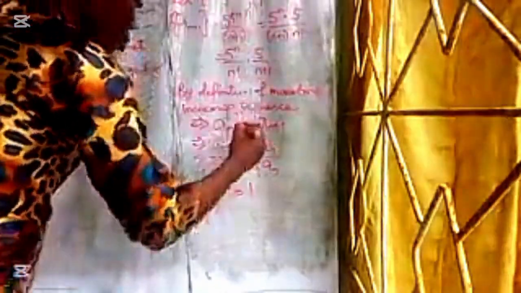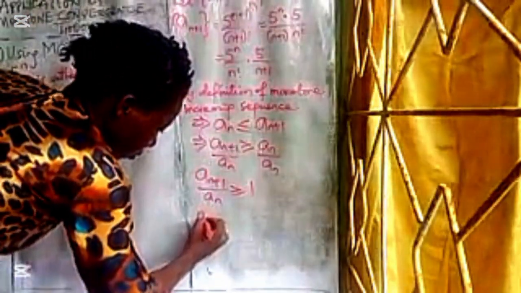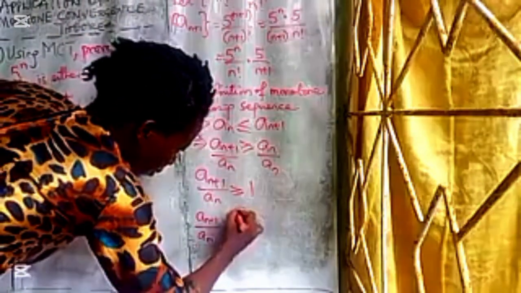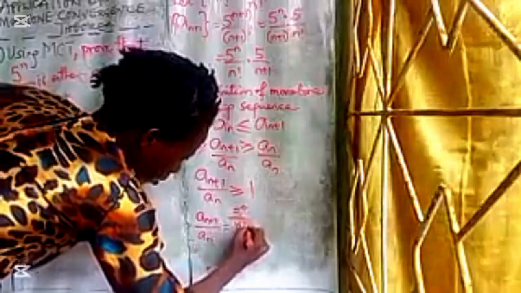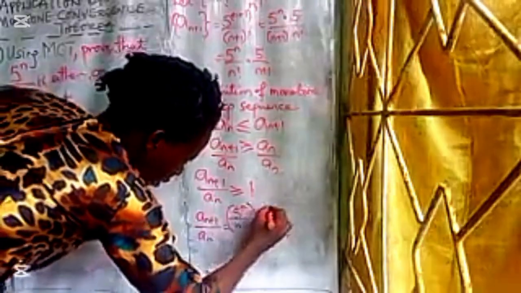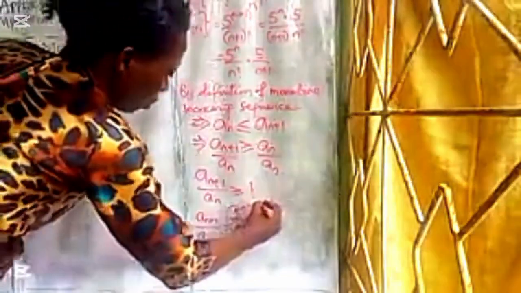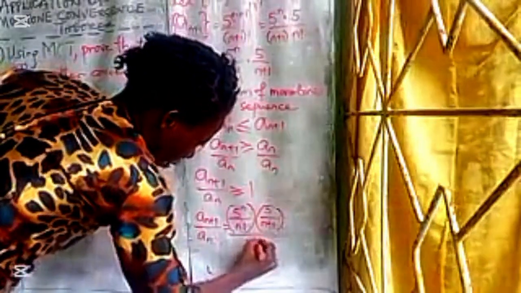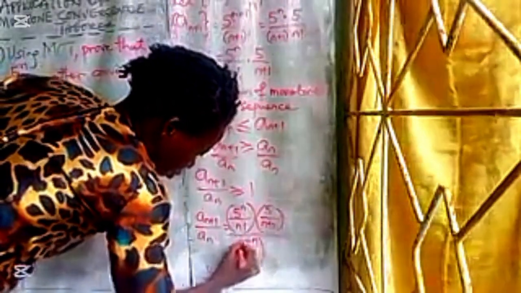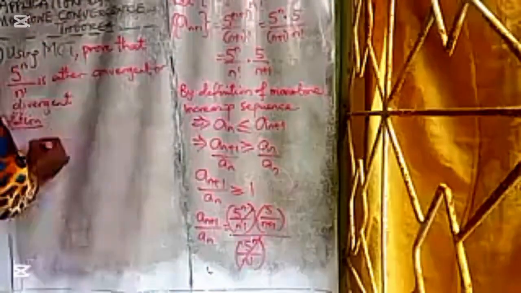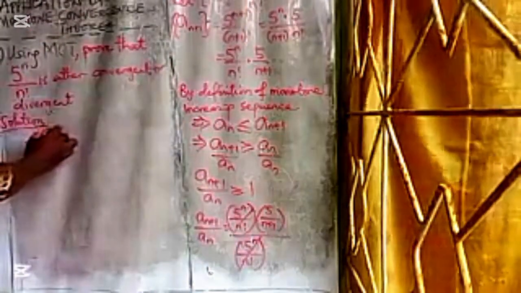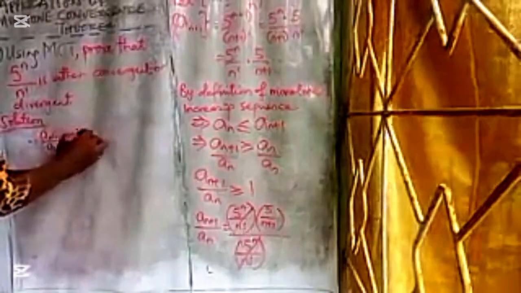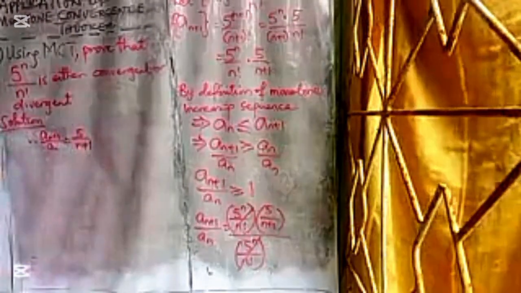Now, if we divide these two, a sub n plus 1 over a sub n will be 5 to power n over n factorial into 5 over n plus 1, over 5 to power n over n factorial. This removes this. Therefore, a sub n plus 1 over a sub n is equal to 5 over n plus 1.